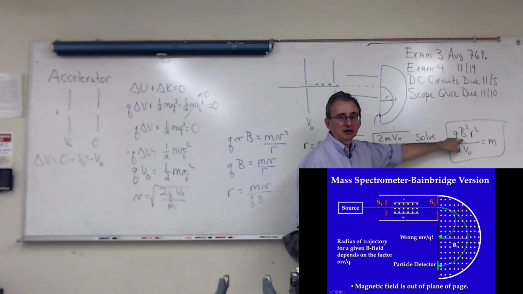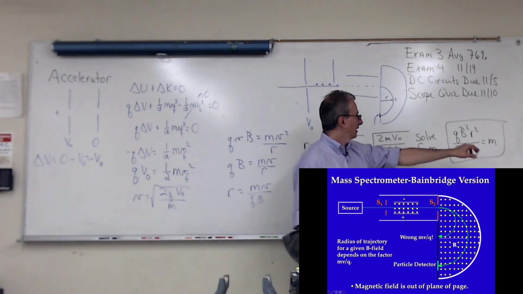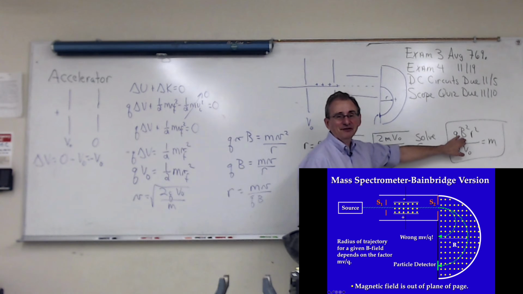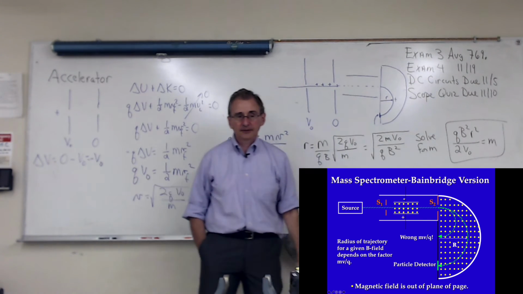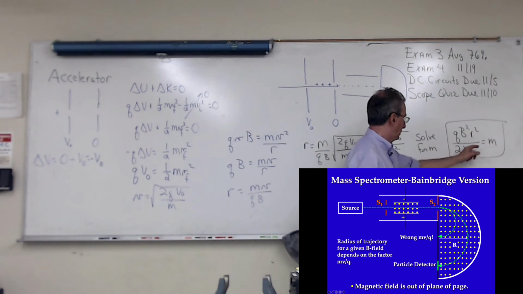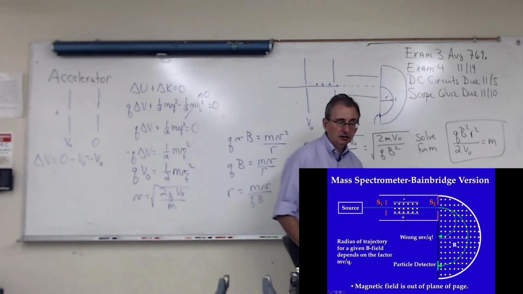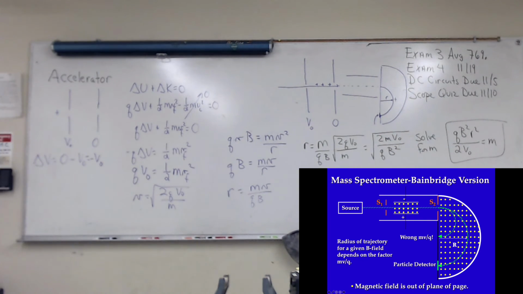All you've got to do is turn a knob on the magnetic field, and then you'll get the particle to land on your detector. And then from the product of Q, B, and R, and knowing V, you can get the mass of the particle. And notice in this picture, the magnetic field points into the board, out of the board. Sorry.